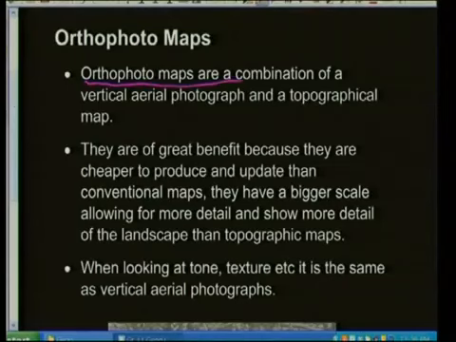In other words, orthophotos are a combination of a vertical aerial photograph and a topographical map. By adding more detail, it becomes, to a certain extent, similar to the topographical map.